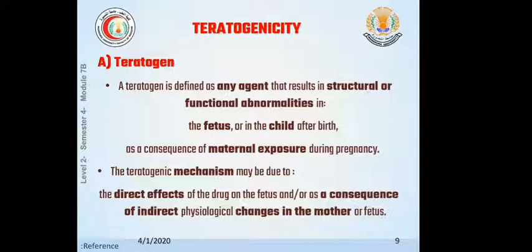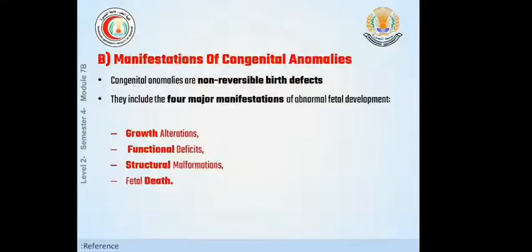The mechanism of a teratogenic drug may be due to direct effects of the drug on the fetus or as a consequence of indirect physiological changes that occur in the mother or in the fetus. What are the manifestations of congenital anomalies?